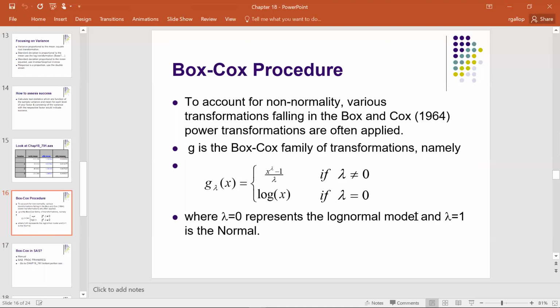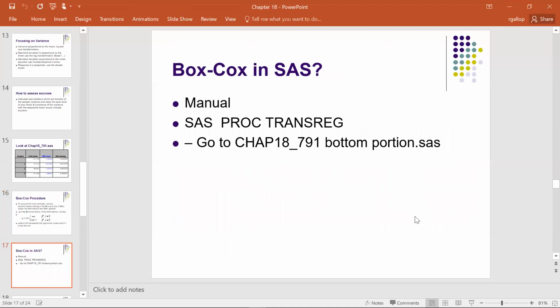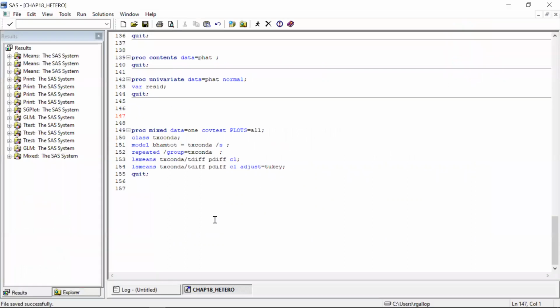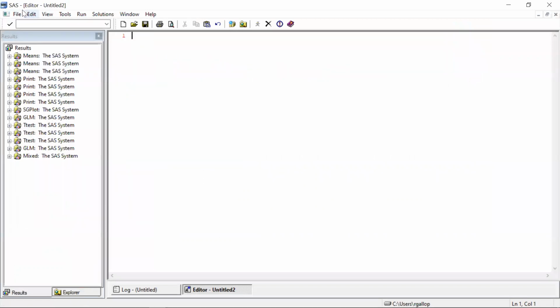And when lambda is equal to 1, it represents the normal, so no transformation is needed. We're going to see this through Proc TRANSREG. So let me pull up chapter 18, page 791 and walk you guys through how we do the Box-Cox in SAS.